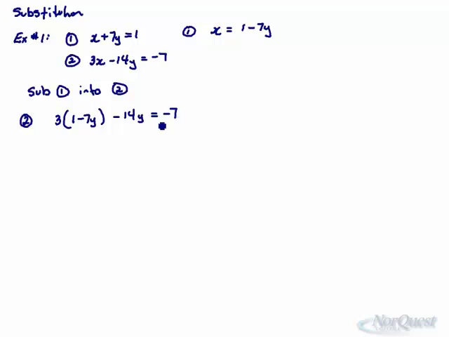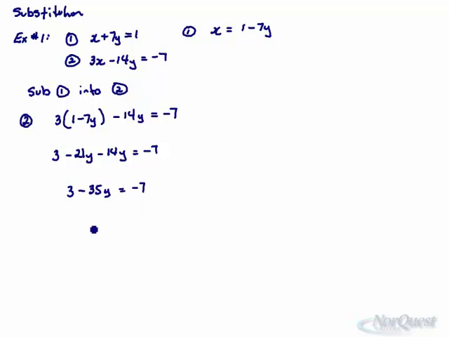So I'll expand this: 3 times 1 gives me 3, 3 times negative 7y gives me minus 21y, minus 14y, equal to negative 7. Collect like terms, I end up with 3 minus 35y equal to negative 7.